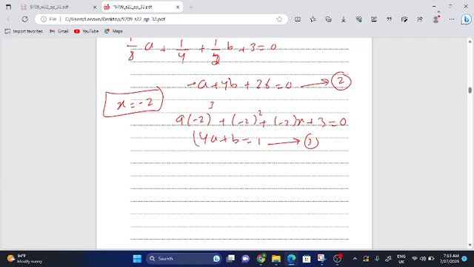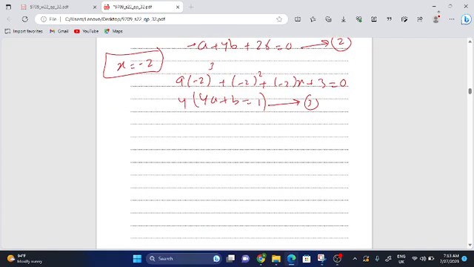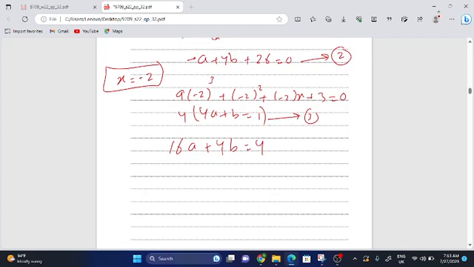So let me multiply equation number 3 by 4 in order to make the coefficient of b the same. That gives me 16a plus 4b equals 4, and the other equation, equation number 2, is a plus 4b equals minus 26.